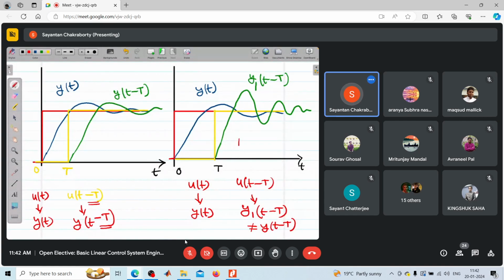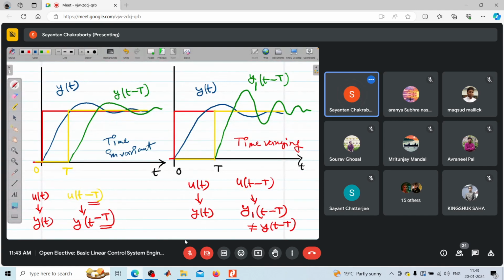So obviously this is a time varying system, and the other is a time invariant system.